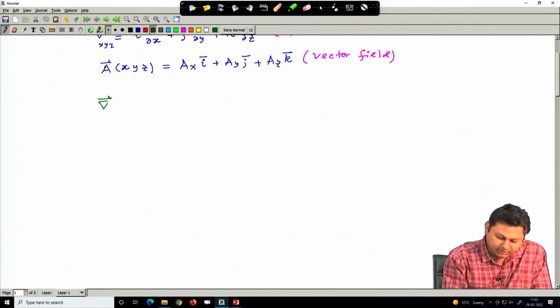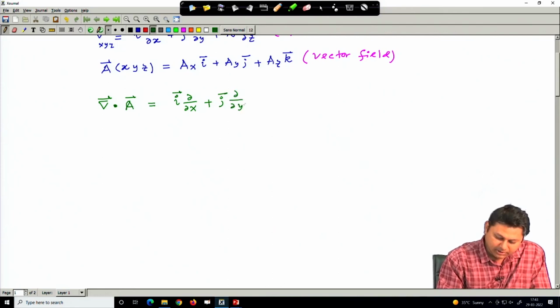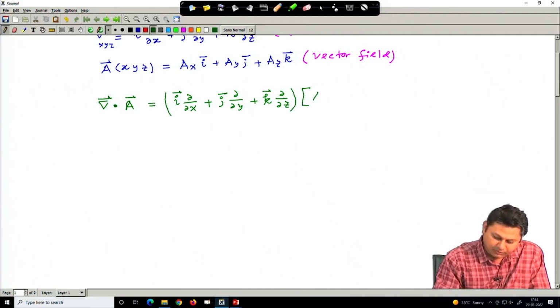I have this operator and I am applying it over A. So, eventually I have i del x plus j del y plus k unit vector del z. This is the operator and it is going to operate over the entire vector field A. If I write it in component form, it should be simply this.